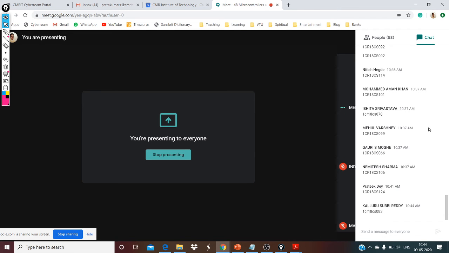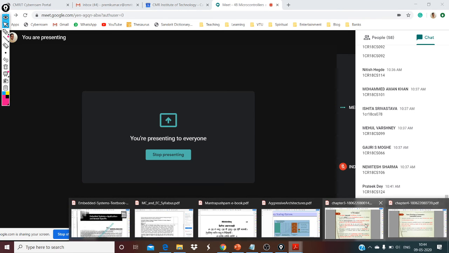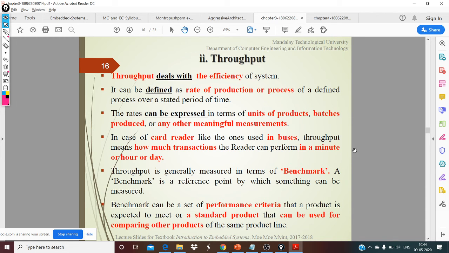Yes, sir. Can you explain what is throughput? You must have heard throughput. You're learning it in operating systems, correct? Throughput is basically passing. Passing what?